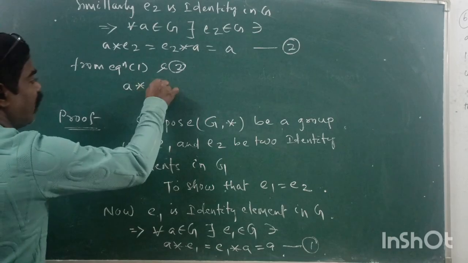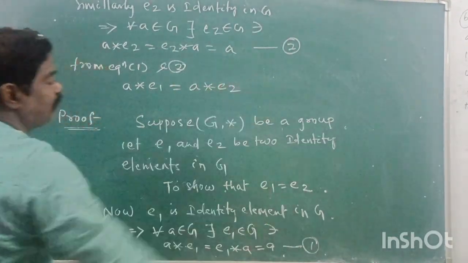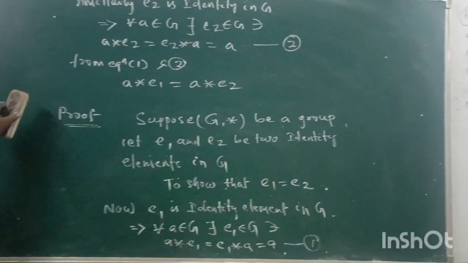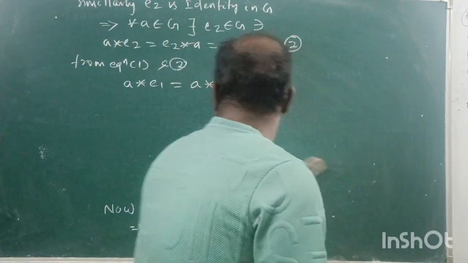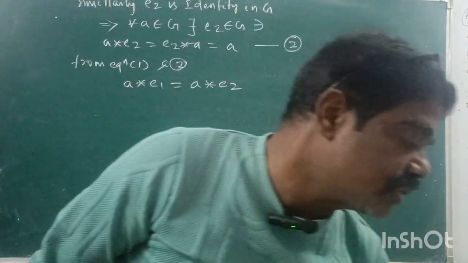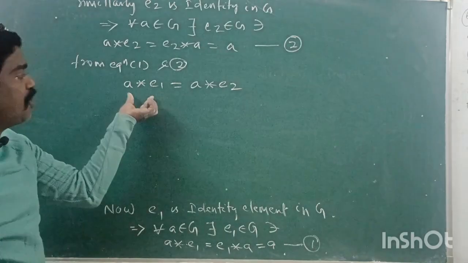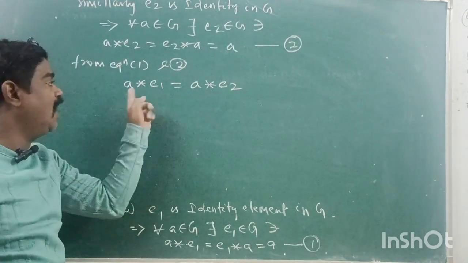A star E1 is equal to A star E2. Have you understood? Write down this first. And see, in these two expressions, on both sides A is there.